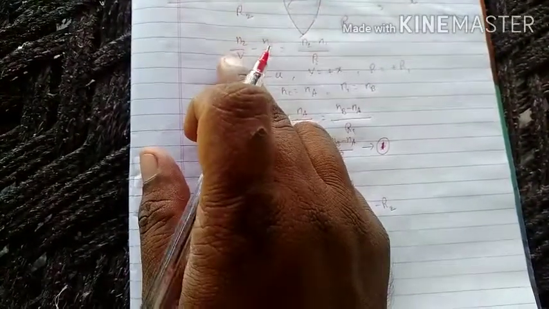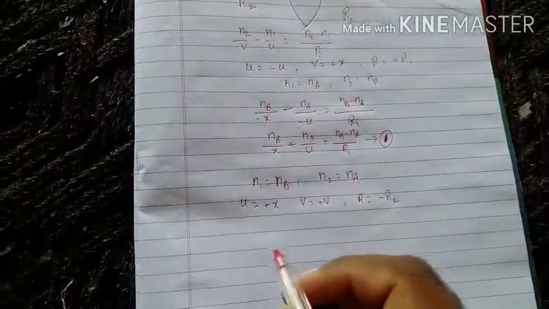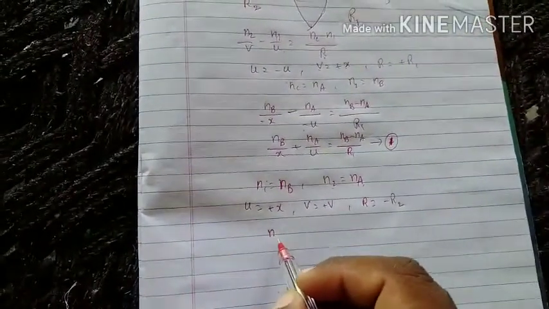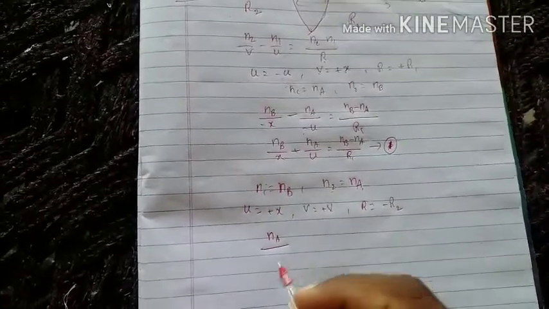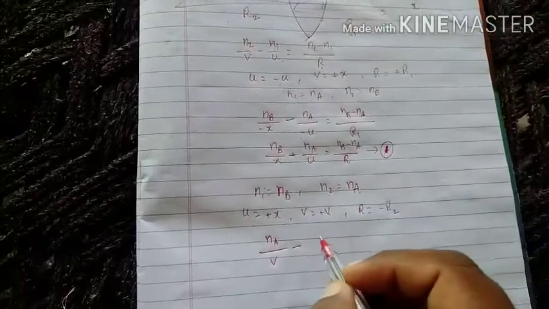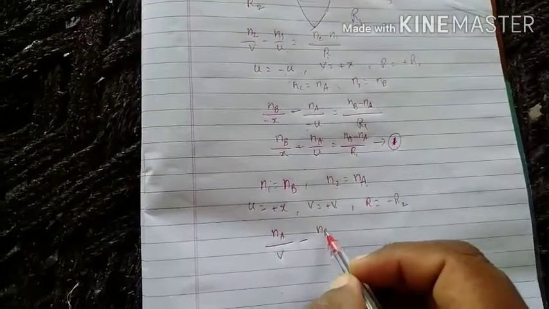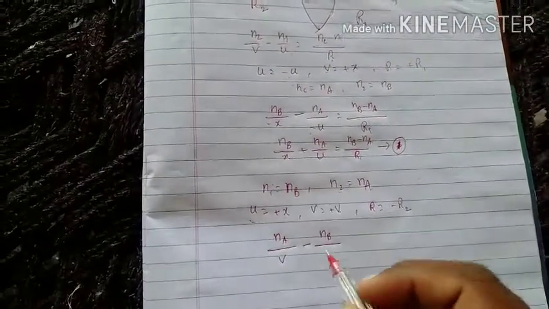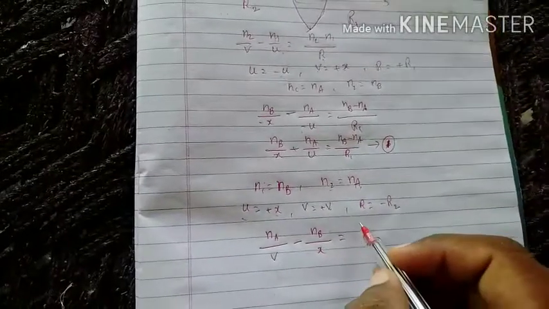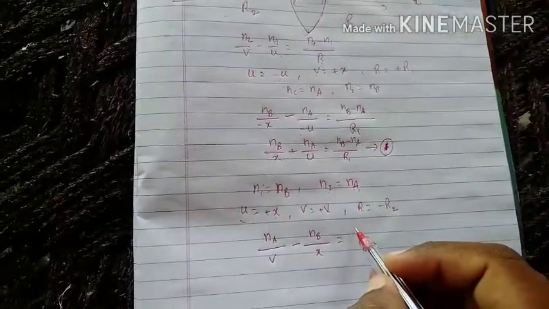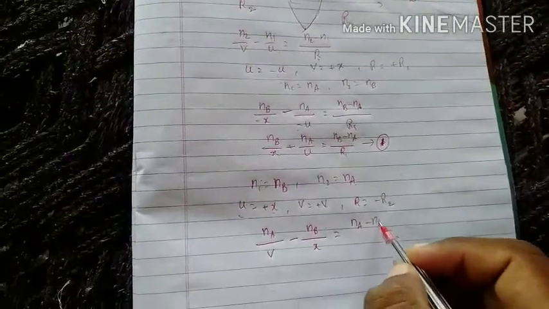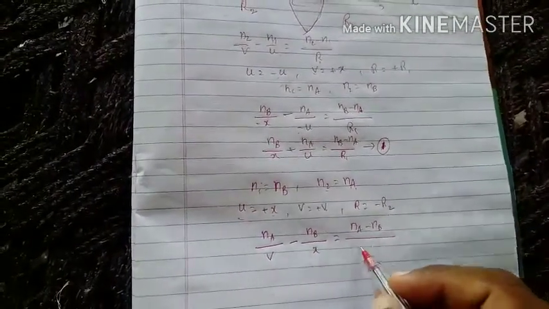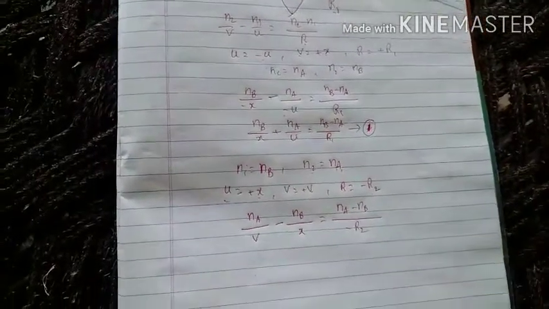We are going to take that minus R2, and in the same equation, by substituting we get equation 2. Here N2 by V minus N1 by U. N2, what have we taken? NA. So NA by V, image distance plus V, minus N1 means NB by object distance plus X, equal to N2 minus N1, that means NA minus NB by radius minus R2.